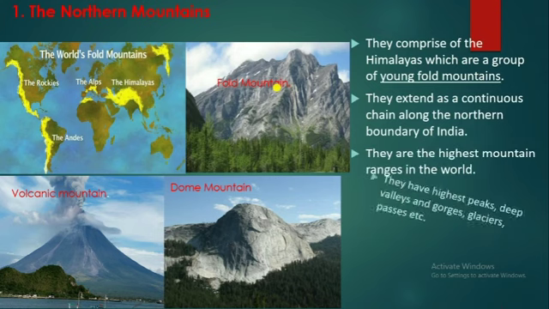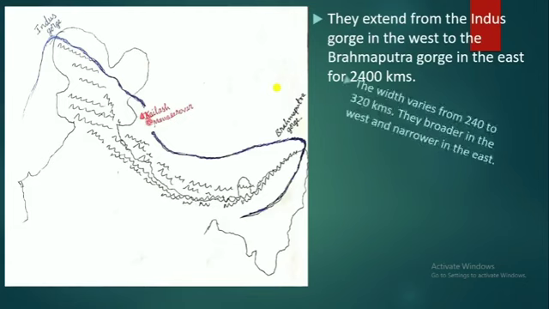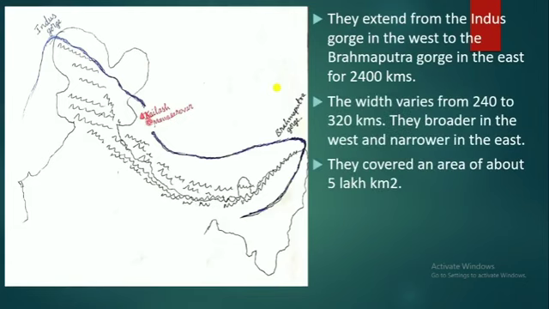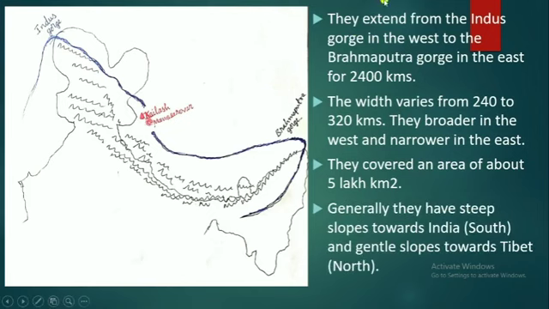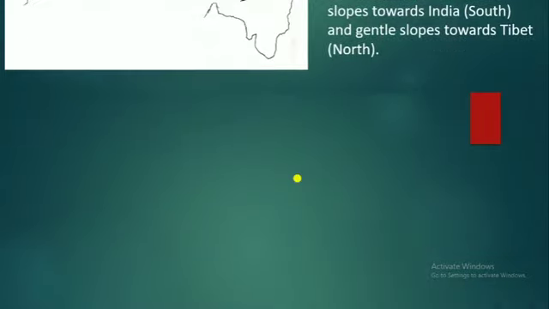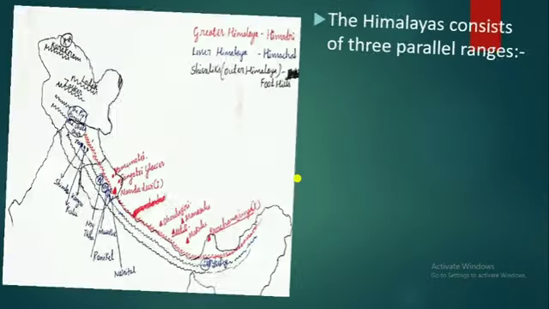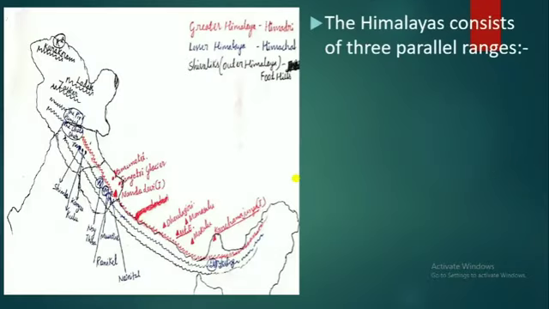Okay, Himalayas mountain, all this thing. 5 lakh square kilometer and 2400 kilometer, and from Indus Gorge to Brahmaputra Gorge. The Himalayas consist of 3 parallel ranges: see, Greater Himalaya, Lesser Himalaya, and Shivaliks.